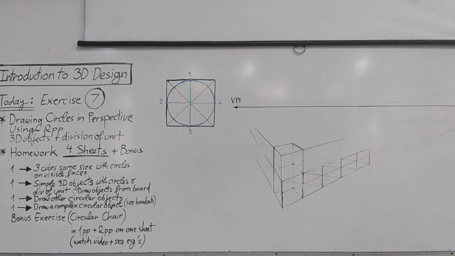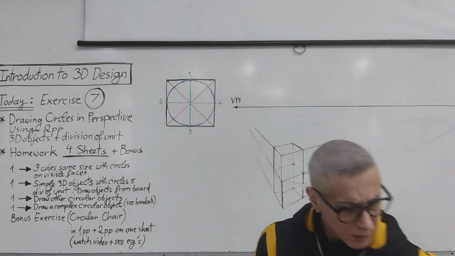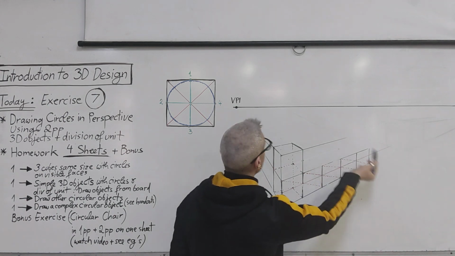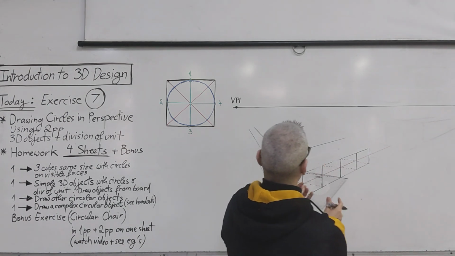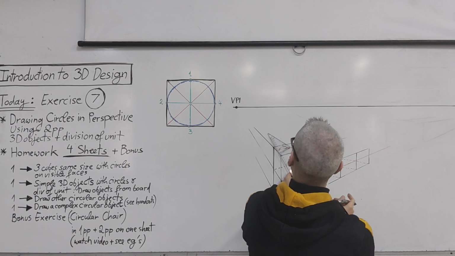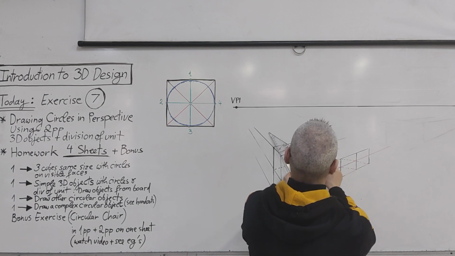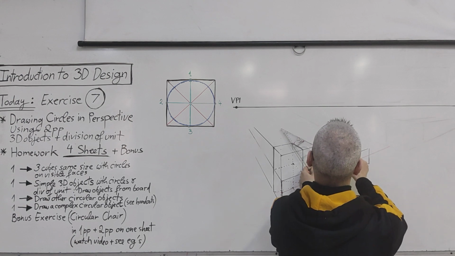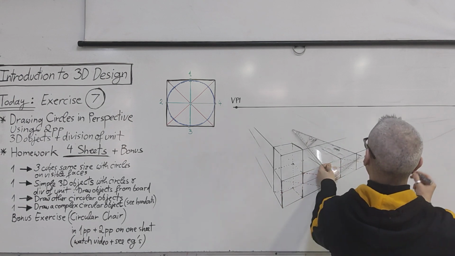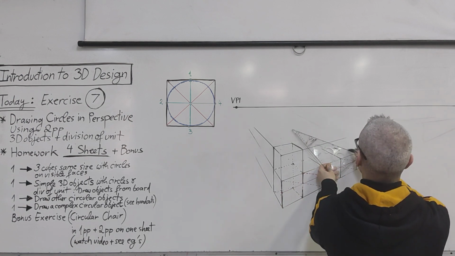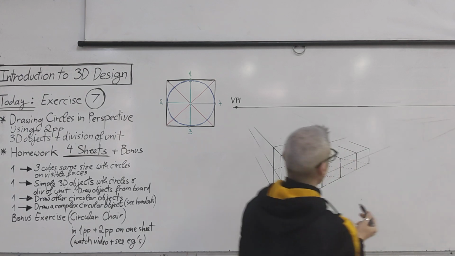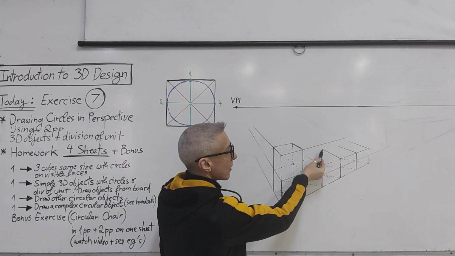Now we do what? What do we have here? Oh, okay. We need to continue the cube. So from each of these points, we will take a line to the vanishing point. Where do the lines end?